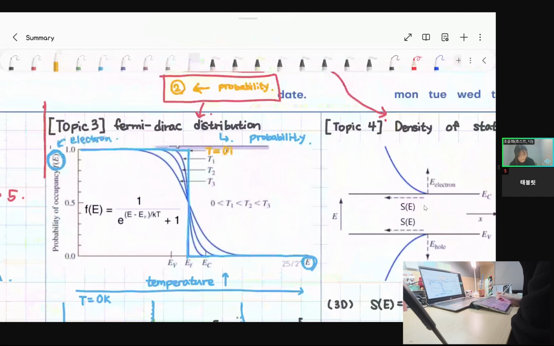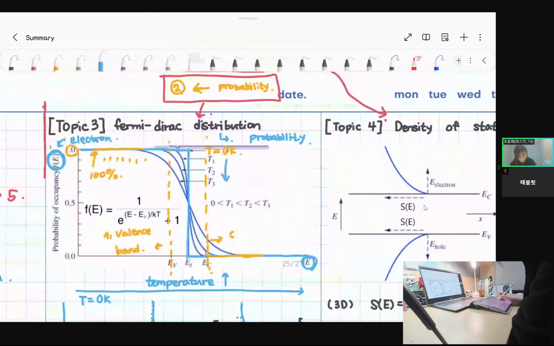When the temperature is 0 Kelvin, we already know that the valence band has all of the electrons, and from up to the conduction band edge there are only states and no electrons. So the probability there is 0. And in the valence band, the probability of an electron is 100%.